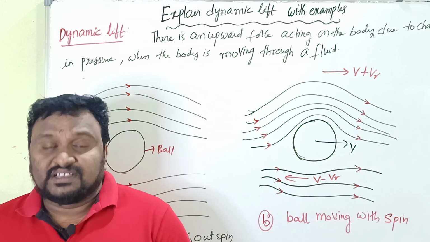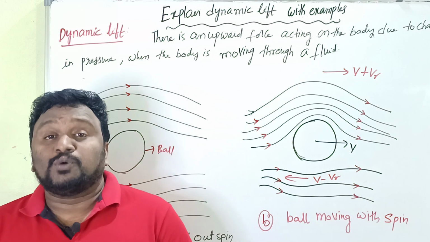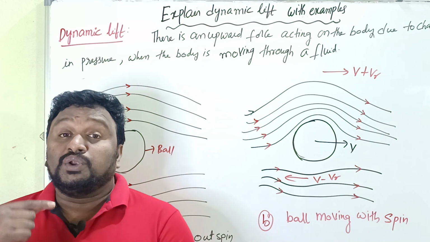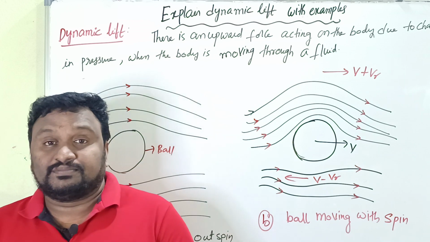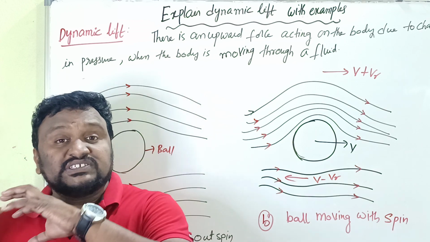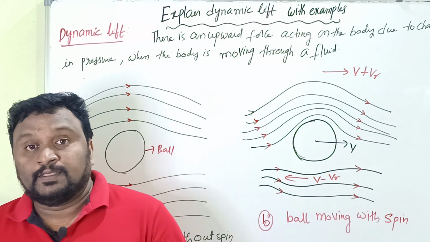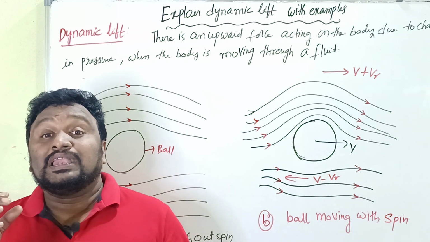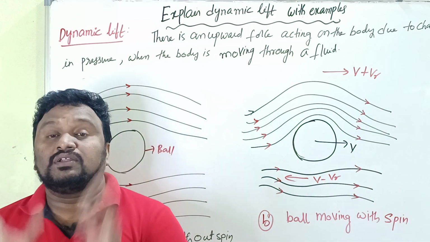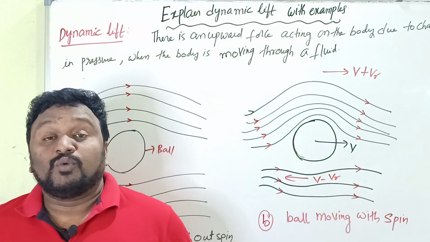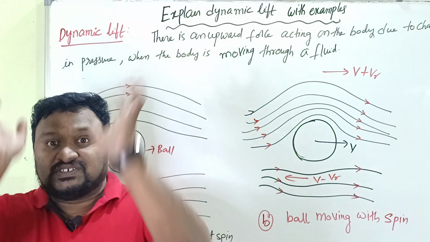Dear students, there is an upward force acting on a body due to the change in pressure when the body is moving through the fluid. That is what we call dynamic lift. Lift means we have to apply force in the upward direction.